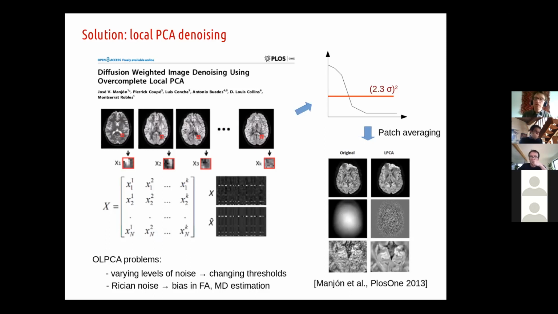And so what you can do is take small patches inside those brain images and stack them along the contrast direction. And you create a matrix that on one side has the patch voxels, and on the other side the contrast. You do a PCA of that. What will that give you?